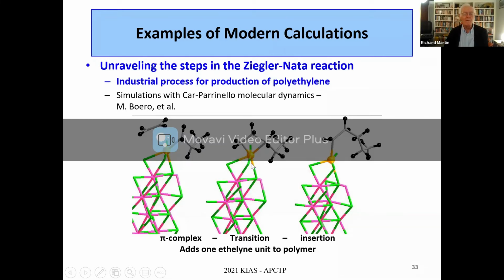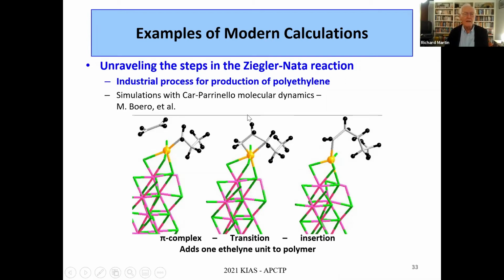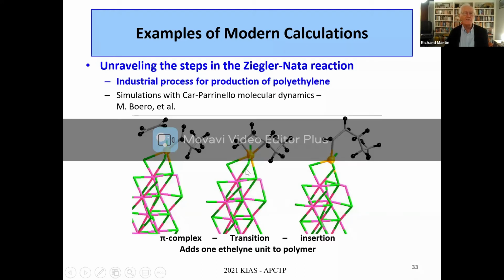The intermediate step is a transition state on this catalytic surface, and how the reactions work there was the aim of this study. They could actually carry through the calculation well enough to see the atoms actually moving through this transition state.